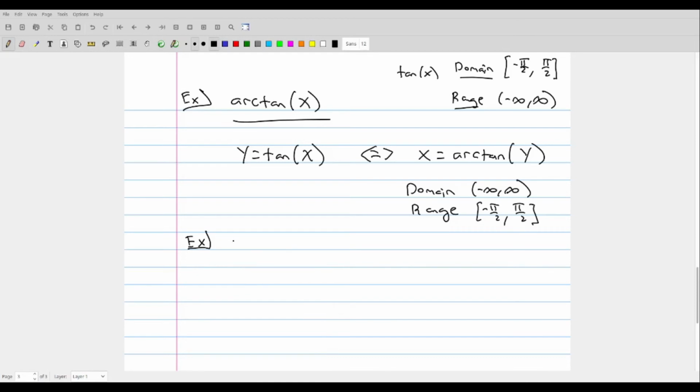So we'll go through and look at arc cosine of x, which is the function that satisfies, well, if y equals cosine of x, then arc cosine of y has to satisfy that x is equal to arc cosine of y.